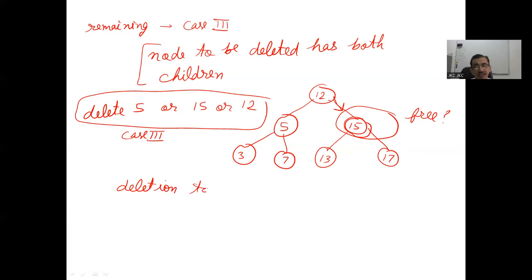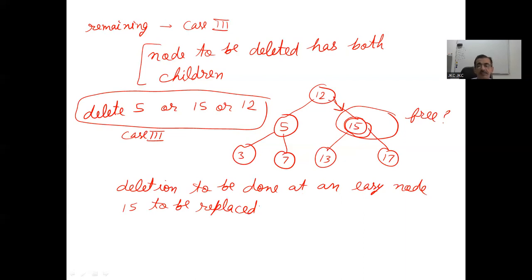Deletion to be done somewhere at an easy place, at an easy node, and 15 to be replaced by someone. So if I want to delete 15, with whom should it be replaced so that no disturbance comes?